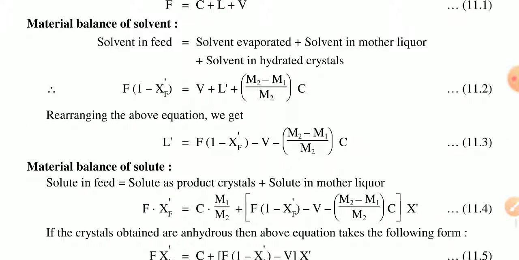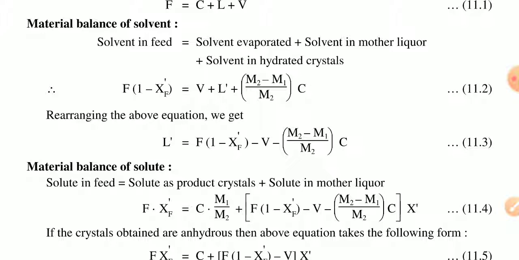Then the material balance of solvent: solvent in the feed is equal to solvent evaporated plus solvent in the mother liquor plus solvent in the hydrated crystals.